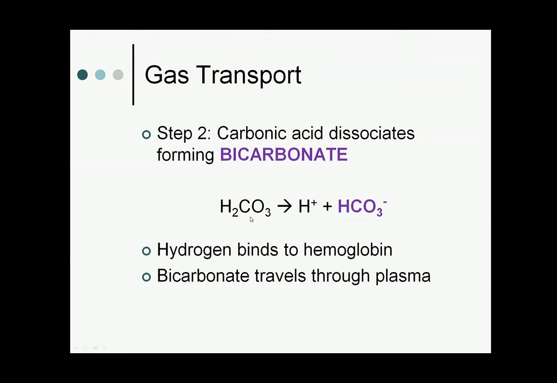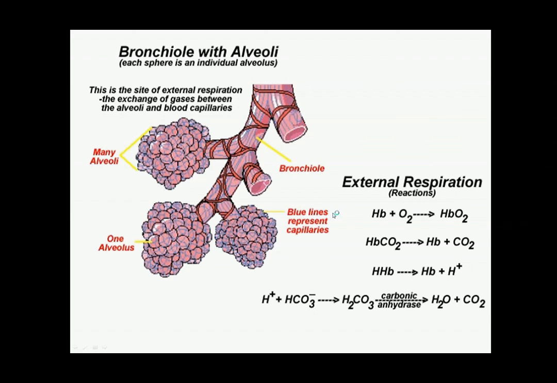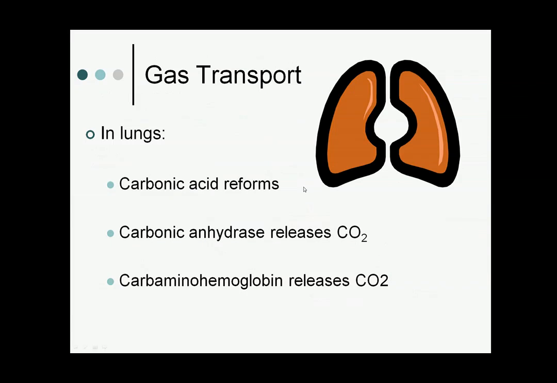And then naturally, the carbonic acid splits into hydrogen ions, which bind to the hemoglobin, and bicarbonate, which is just going to travel through the plasma and then eventually get expelled out of the lungs through alveoli, bronchioles, and through the trachea out of the body. And here's just going back to the carbon dioxide stuff, releasing the CO2 out into the atmosphere.